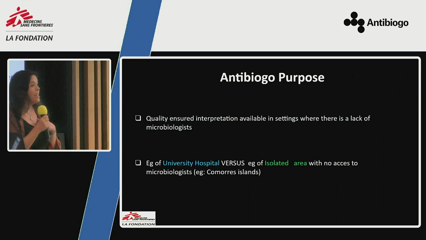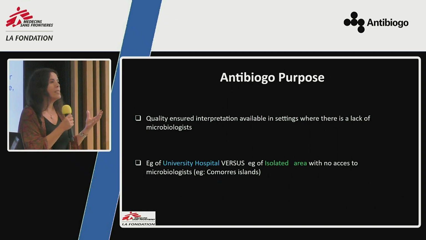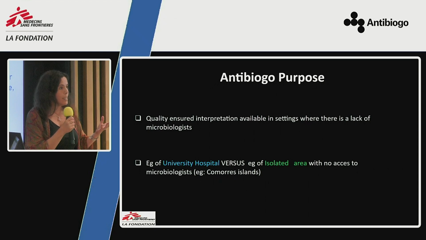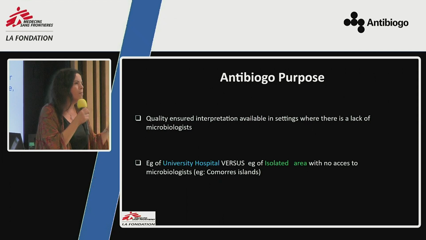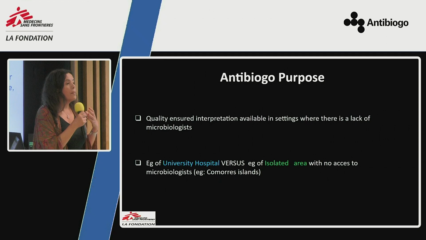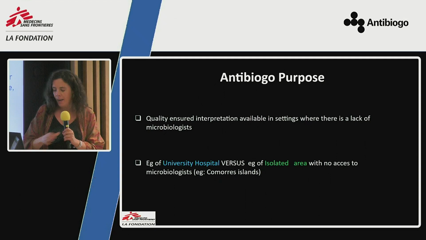Surprisingly, we had a lot of requests from countries, even northern countries, requesting access to Antibiogo, whereas it was not initially the target, and it's still not today. We are also surprised to receive requests from important university hospitals that have microbiologists. So in terms of prioritization and how we thought about the scale-up, we tried to prioritize where the need is the most important.